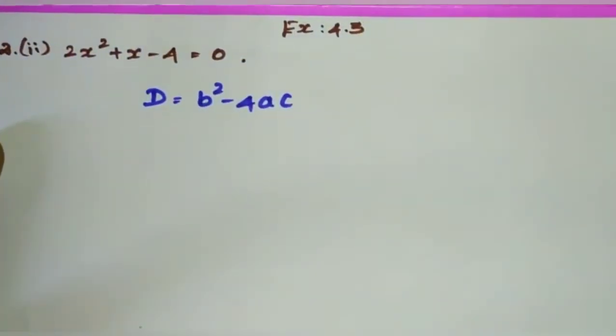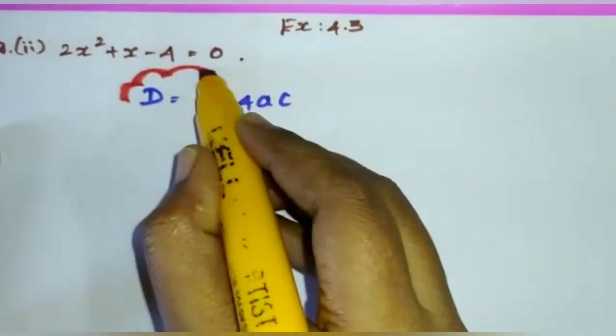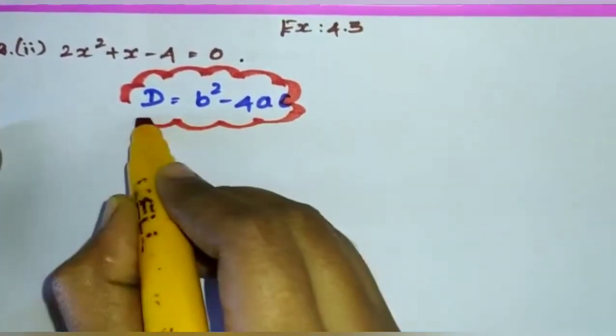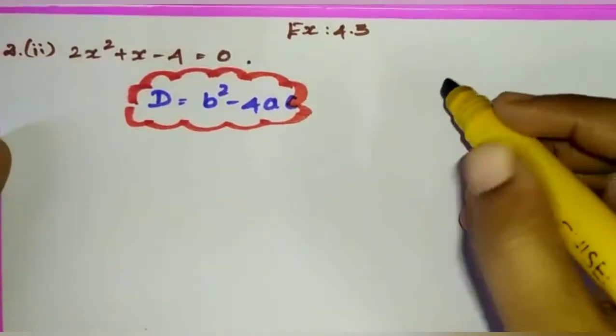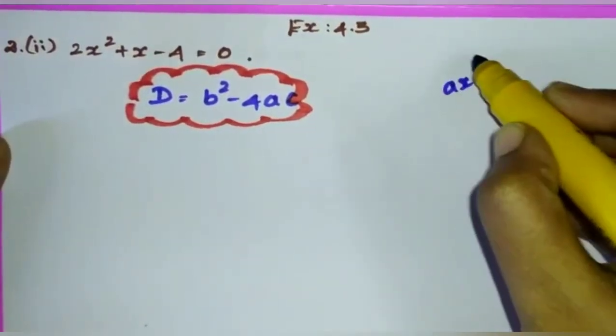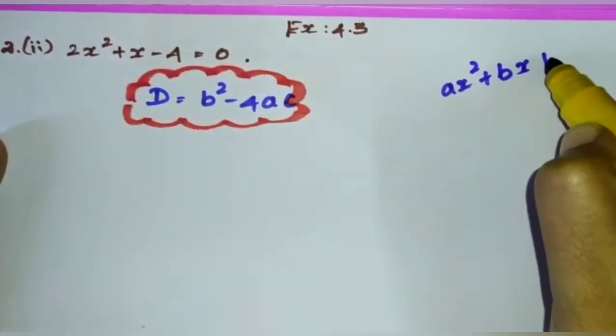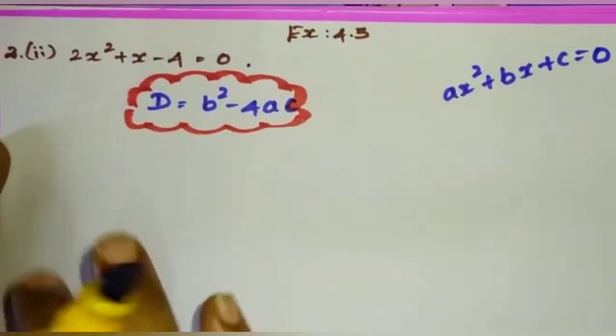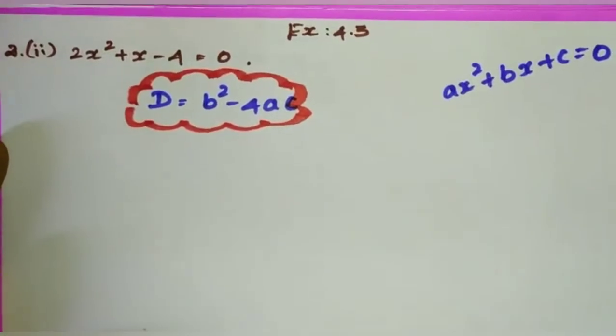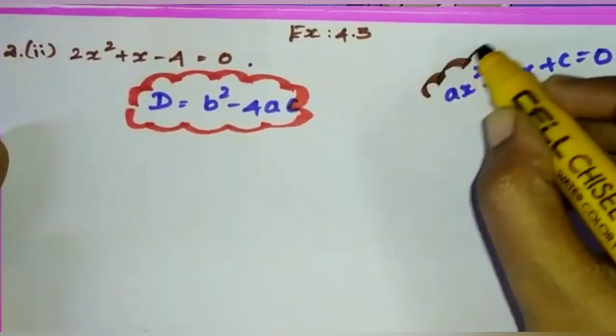First you have to write the formula. Compare the quadratic equation with the form ax square plus bx plus c is equal to 0 to find the values of a, b, c.